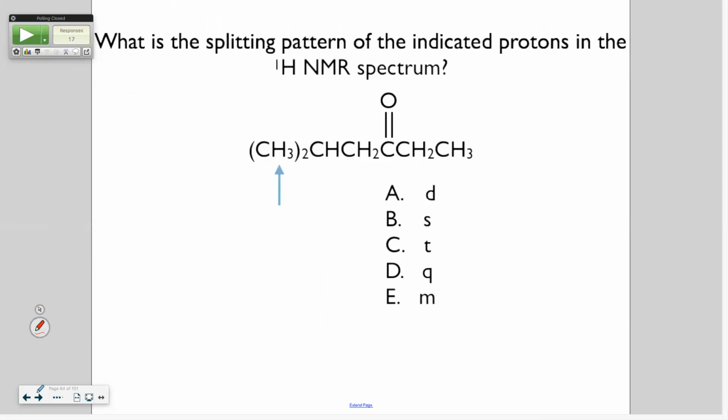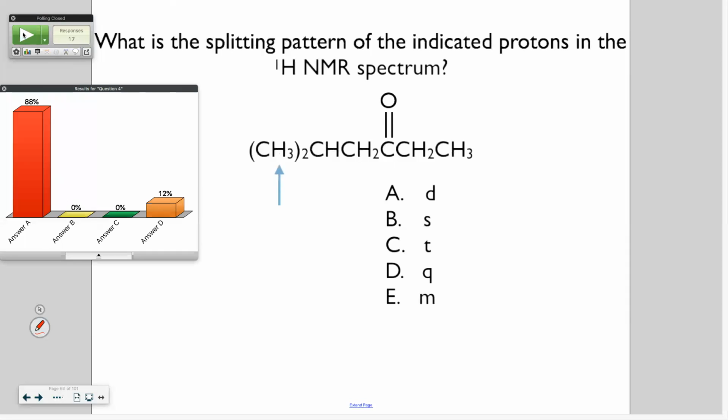How about this one? You gonna get 17? Only got 16. Nobody snuck out, did they?